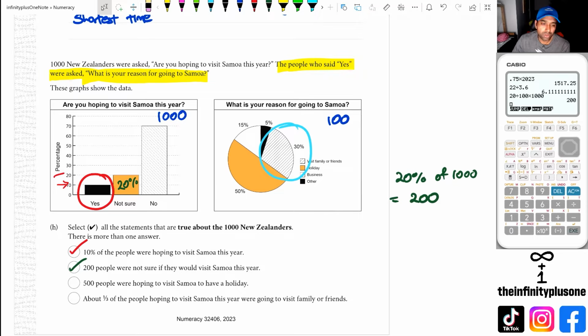About a third is close to 30%, because a third as a percentage is 33.33%. So in this case, I would say yes, the last bullet point is correct. Now, in the answer schedule, it says you need to have 2 of these correct, but you definitely cannot include C. And that's a wrap for question 1, folks. We go to question 2 next.